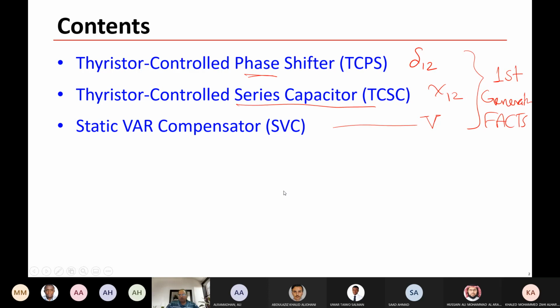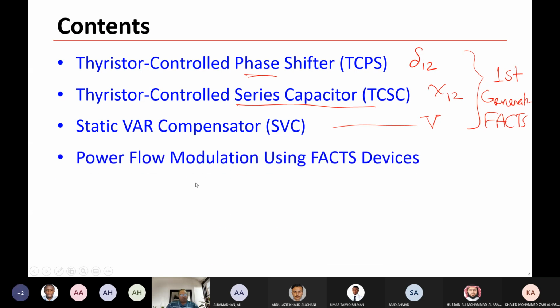What is the difference between the first and second generation of FACTS devices? These are the three FACTS devices that we will see, and also how these devices affect the power flow and how to modulate the power flow using such devices.